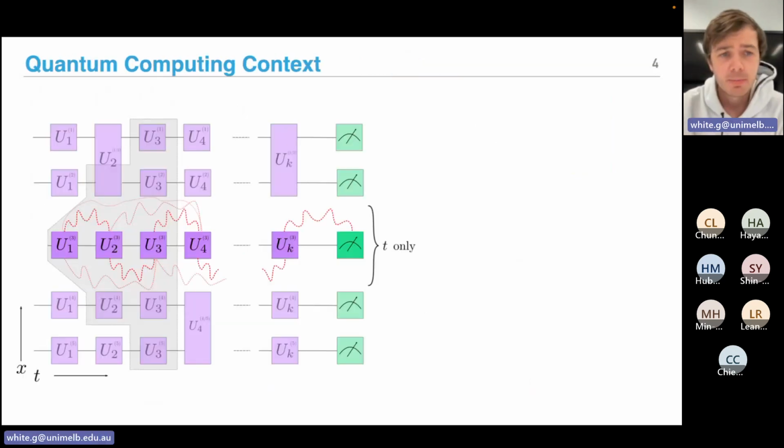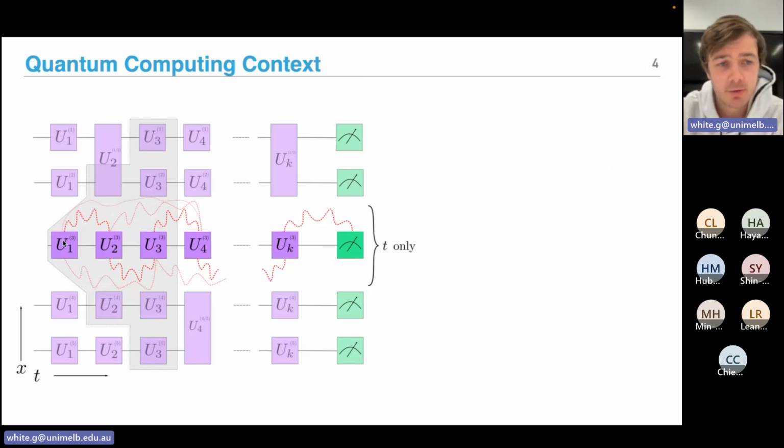In the context of quantum computing, you can imagine you're running a circuit on many different qubits, and every time you apply a gate to the system, this is essentially an event. If the qubits are coupled either to each other or to some common bath, then each event has causal consequences.